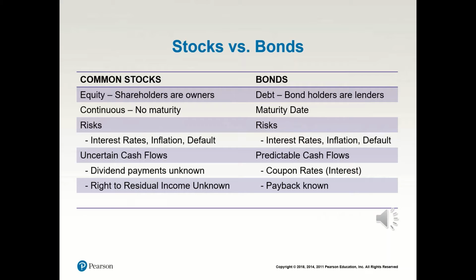The rights to residual income means that the potential return is unlimited. However, it also means that there may be little or nothing left after paying bondholders and preferred stockholders. And when a bankruptcy does occur, the claims of the common stockholders generally go unsatisfied.